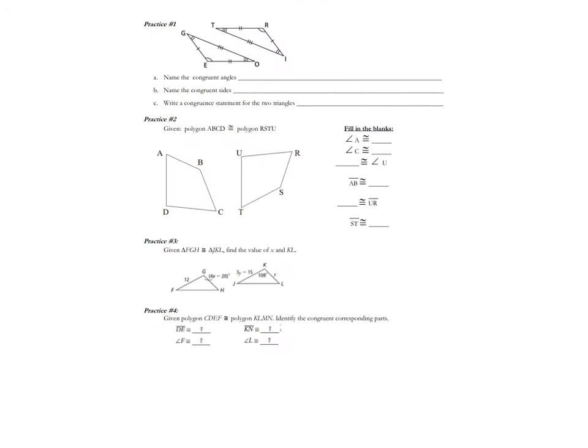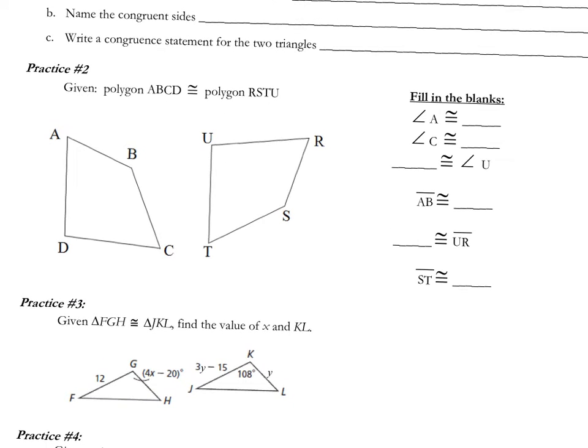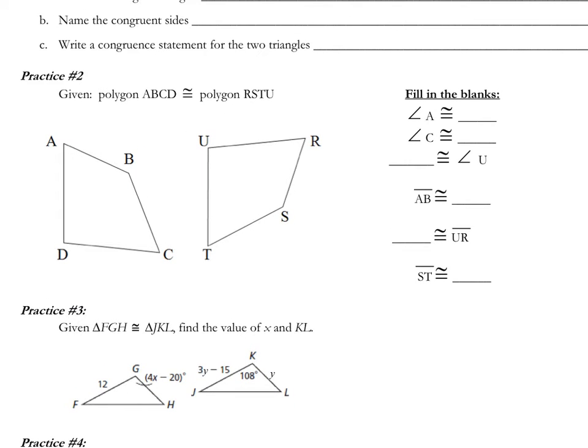Let's go ahead and look at practice example number 2. When things aren't marked on the diagram, sometimes people think they can't do the problem, but you can because there's a congruent statement here. So I look for the same place that it's listed in both.